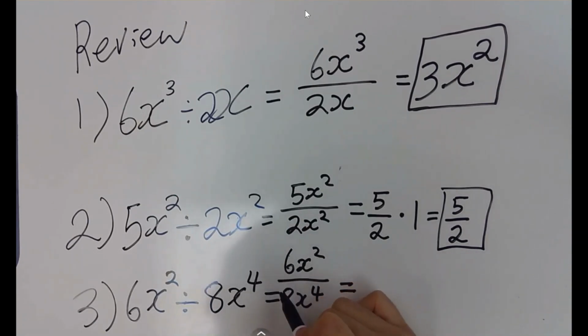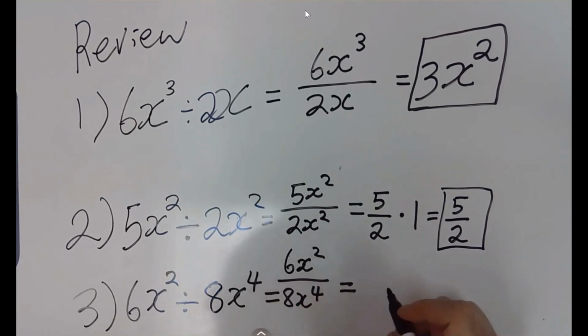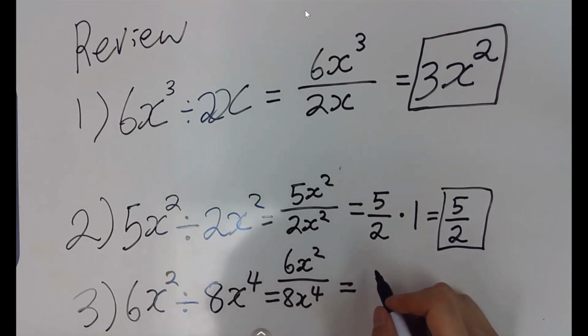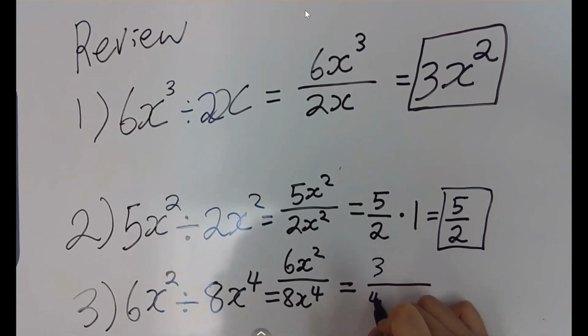6 divided by 8 will not give me a clean number like 3, so we're going to keep it as a fraction. 6 over 8 will stay as 6 over 8, but I'm just going to simplify that to make it 3 over 4. And if you look here, there's 2 x's on top and 4 x's on the bottom.